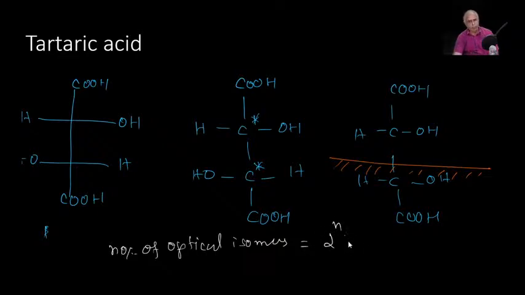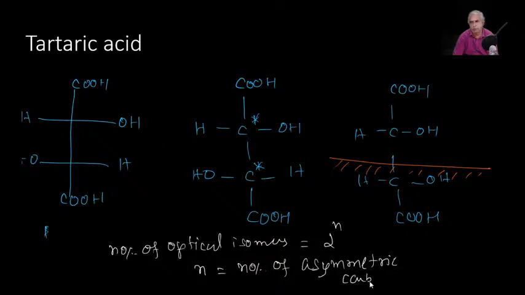So you can adopt this formula. Based on that you can arrive at it. So n means here 2, because of the asymmetric carbon atoms. So n represents the number of asymmetric carbon atoms or chiral carbon atoms.